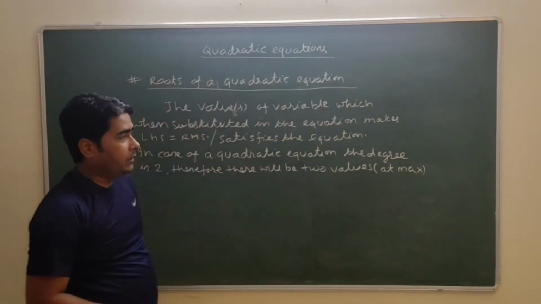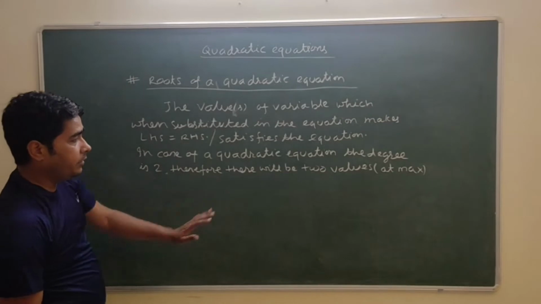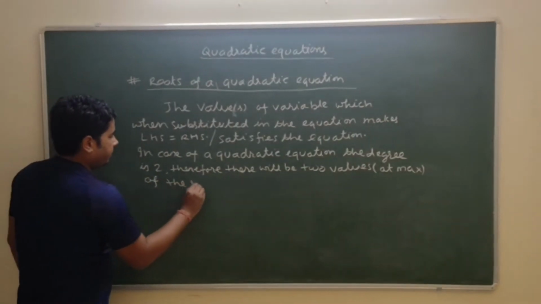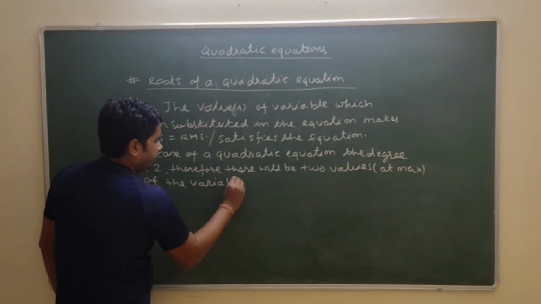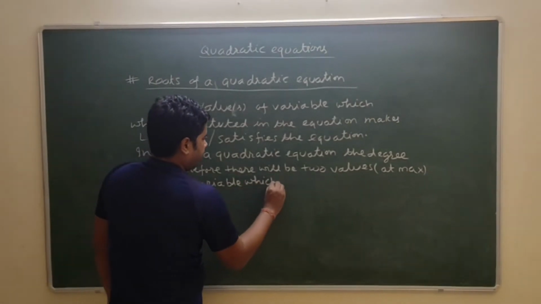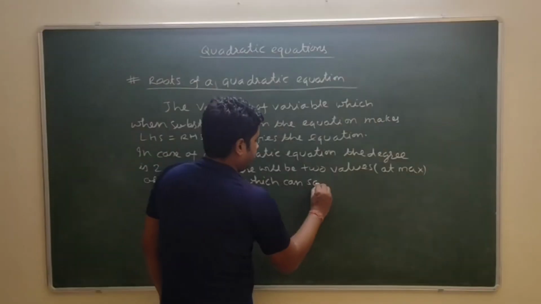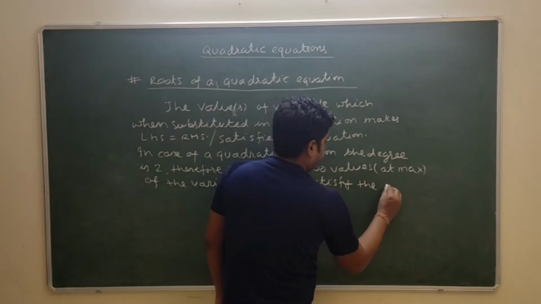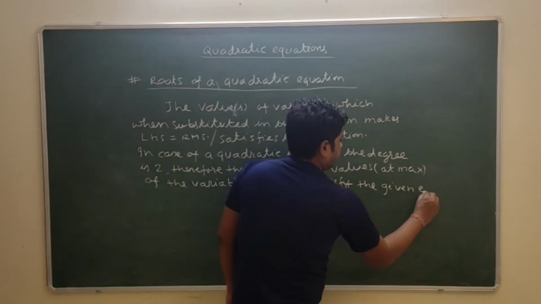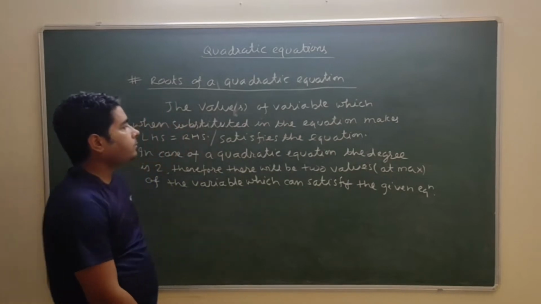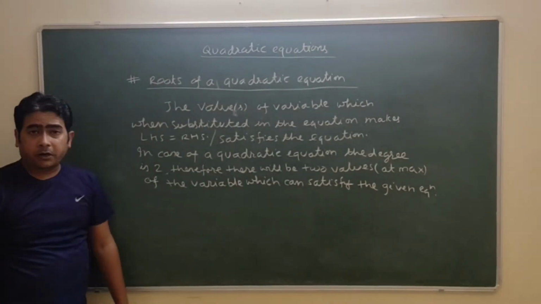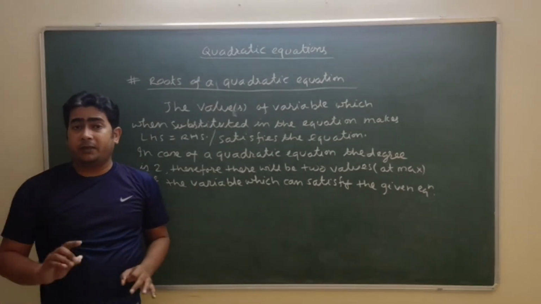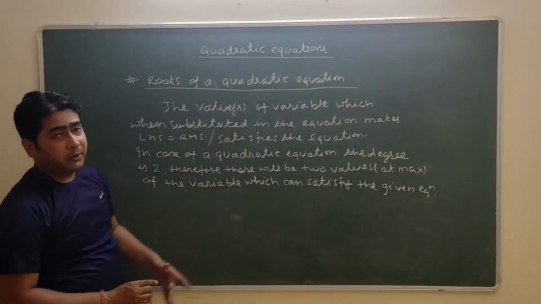Maximum there will be two roots. In case of a quadratic equation, there will be two values at max of the variable which can satisfy the given equation. Okay, so in case of a quadratic equation, since the degree is 2, therefore at max two values of x can be there which satisfy the given equation.